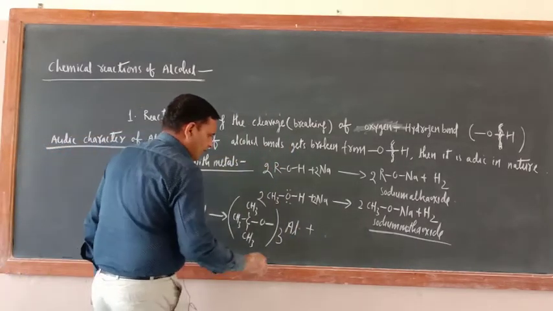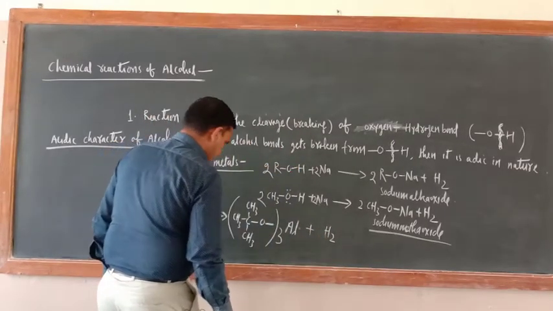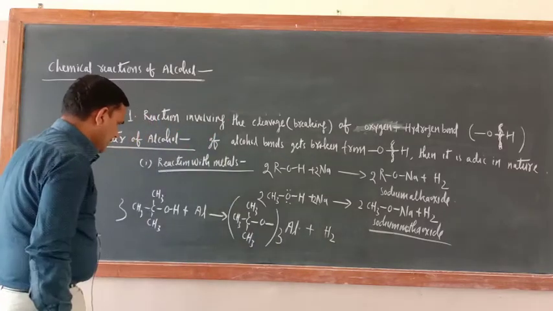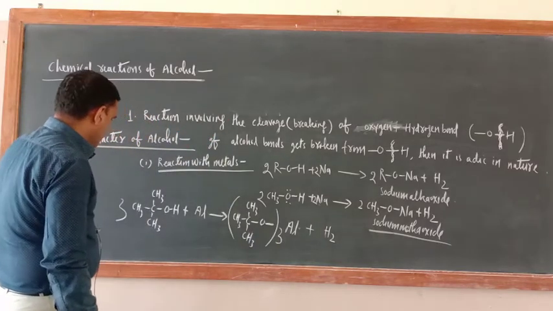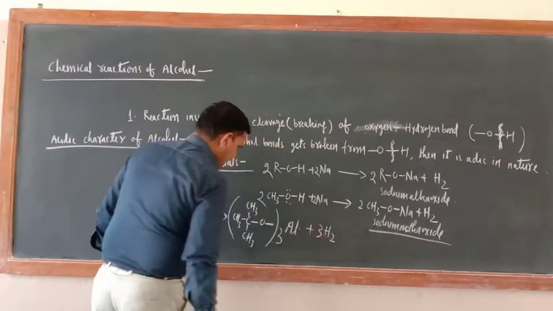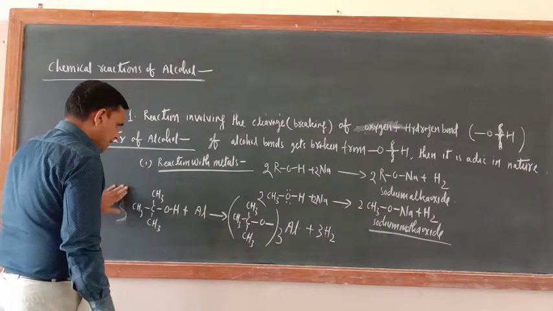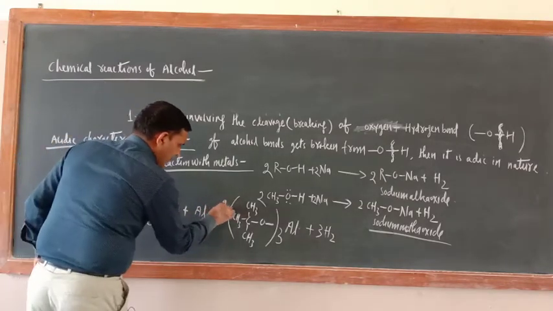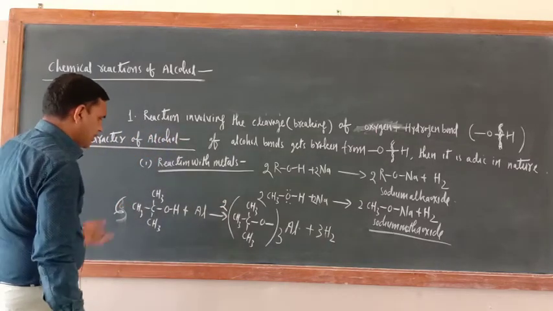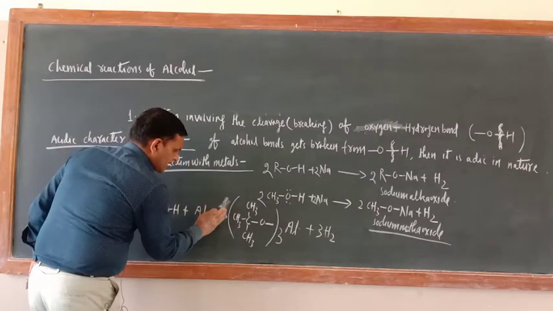Plus hydrogen, H2. Okay, so here 3H2 is there. So we'll balance the reaction, don't worry. Write down here 3H2. Okay, so 6H2 must be there. So here write 2, here write 2, and here write 6. Yes, balanced. Please write here 2.